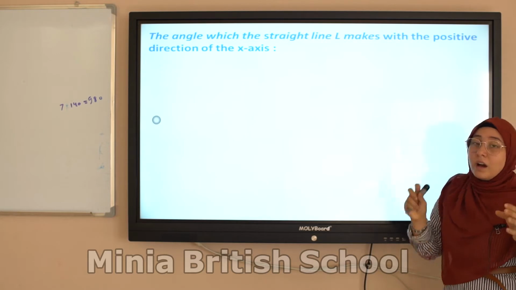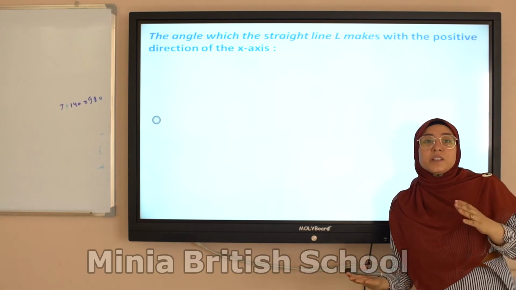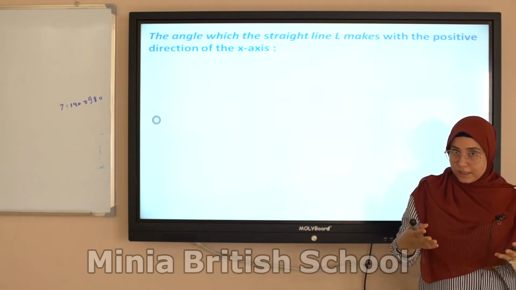Now I have some cases of the slope. Is the slope greater than 0, or less than 0, or equal to 0, okay?